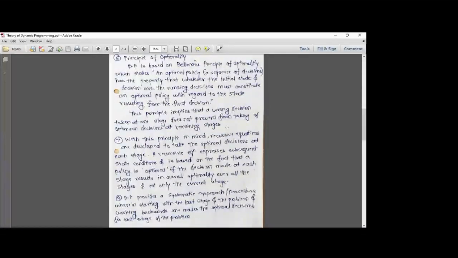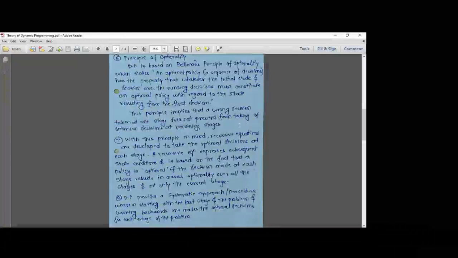That means from the second story till the 15th story, though I've taken a wrong decision at the first story, I have to take the optimum decisions from the second story onwards, and this wrong decision is not going to prevent me from taking the optimum decisions for all my remaining stages.